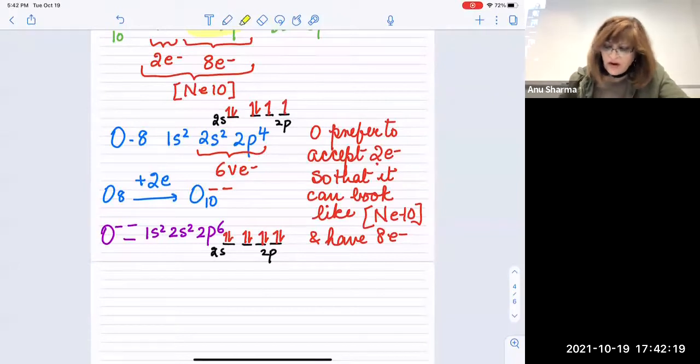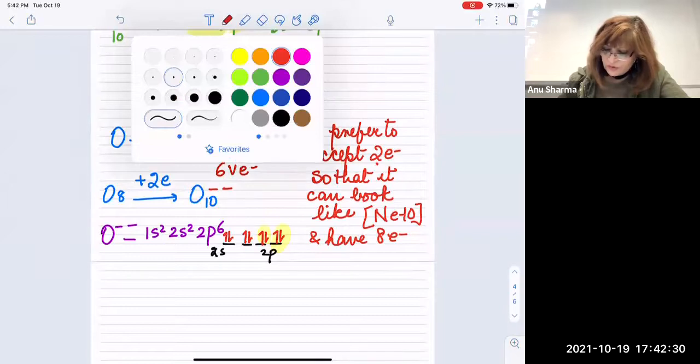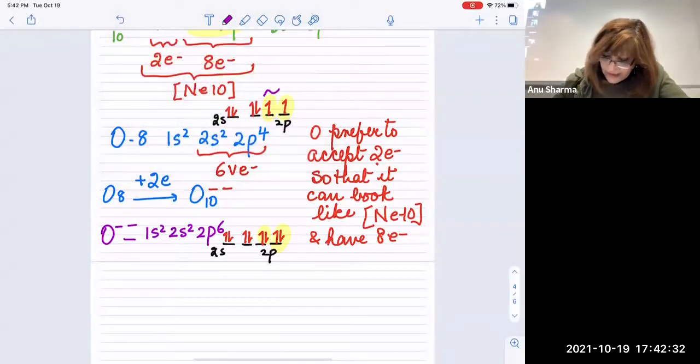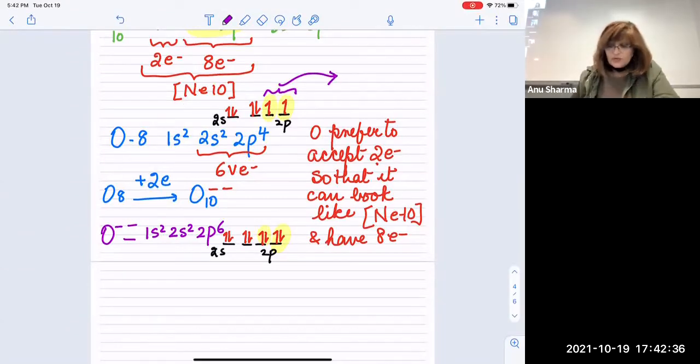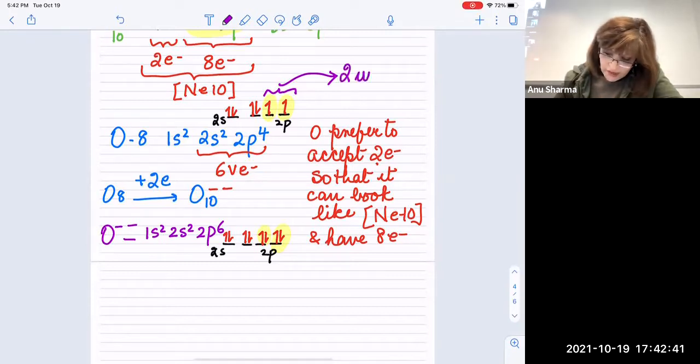So you see there are 2 unpaired electrons. When they get paired, it's an ideal state. That is why oxygen will make 2 bonds, or oxygen will have two negative charges, because it has 2 unpaired electrons.